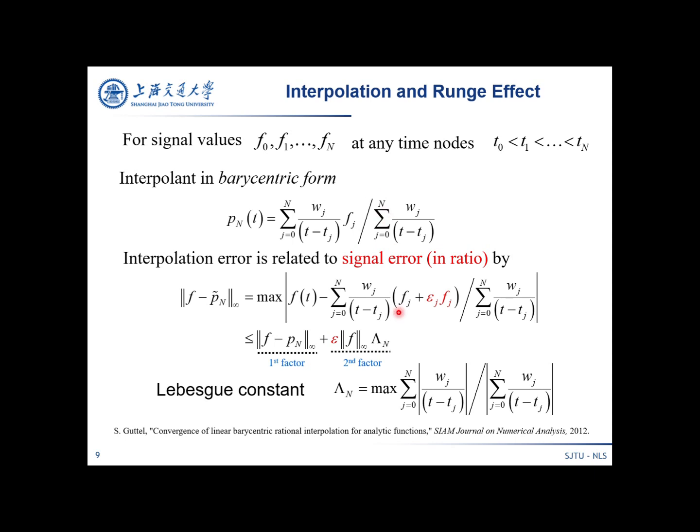The first one is related to the convergence property of the interpolant, and the second one is characterized by the so-called Lebesgue constant. By definition, the Lebesgue constant is uniquely determined by the interpolant itself, namely the weights and the nodes.